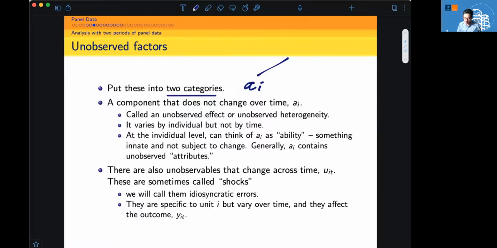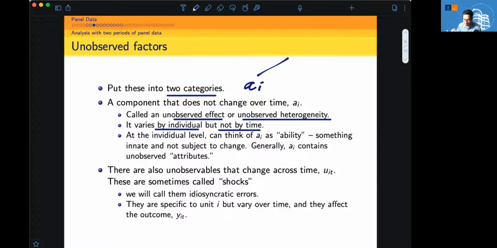Now, I'm going to call this unobserved effect or unobserved heterogeneity. Now, why do we call this unobserved heterogeneity? Because it varies by individual, but not by time. Since this is an unobserved component that doesn't change over time, it's going to be assumed to be fixed, or there could be changes, but not by much.